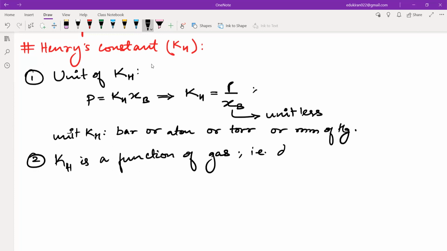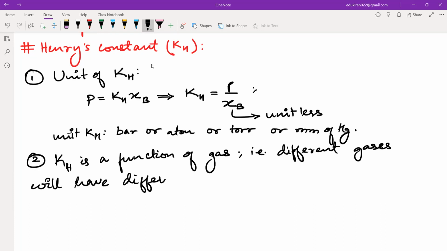That is, different gases will have different values of KH.